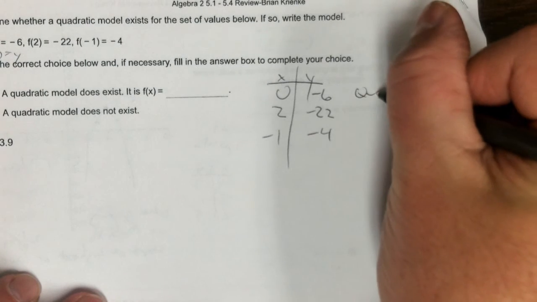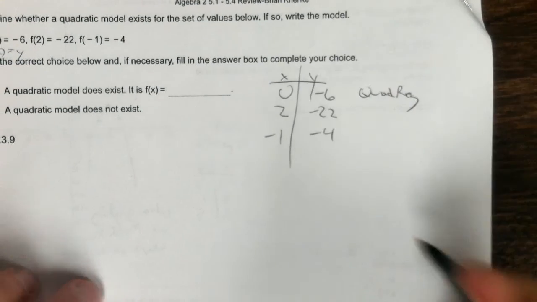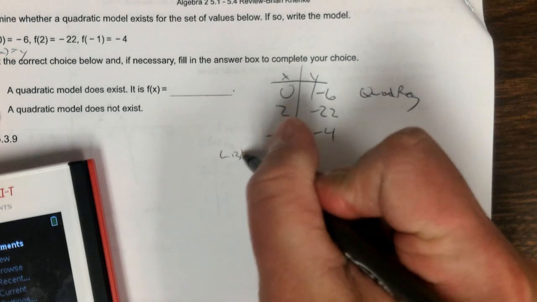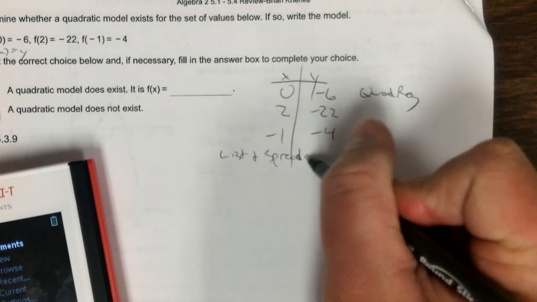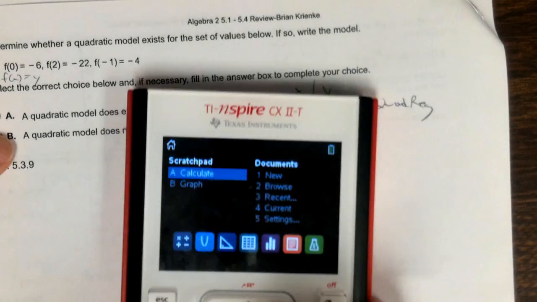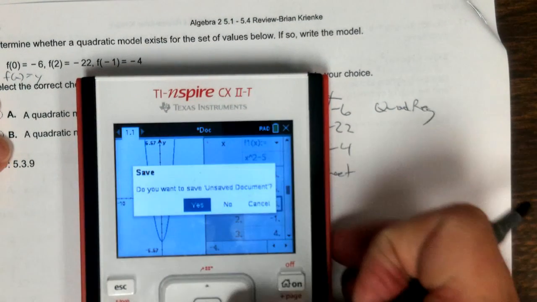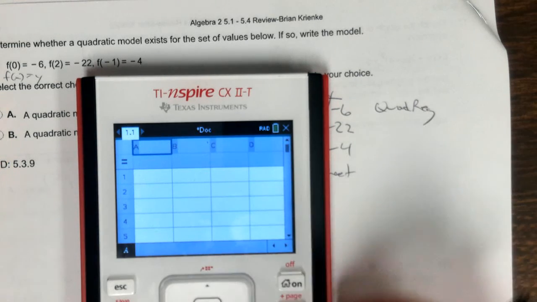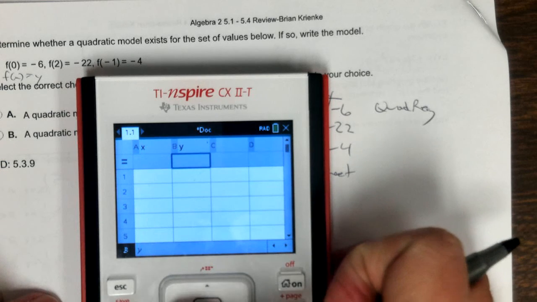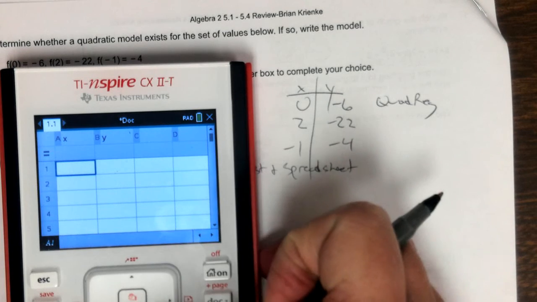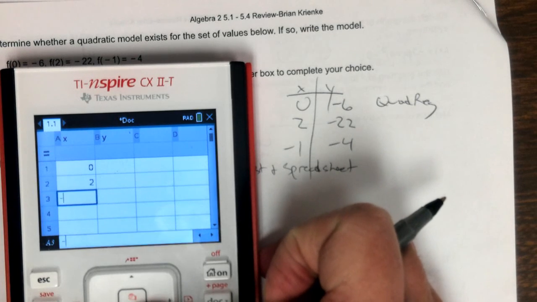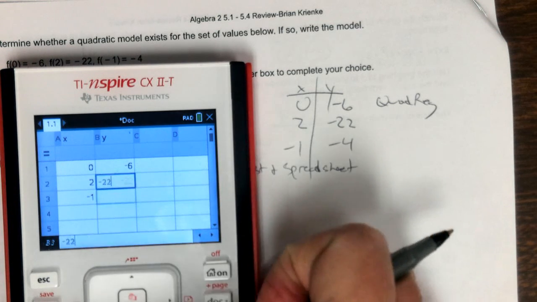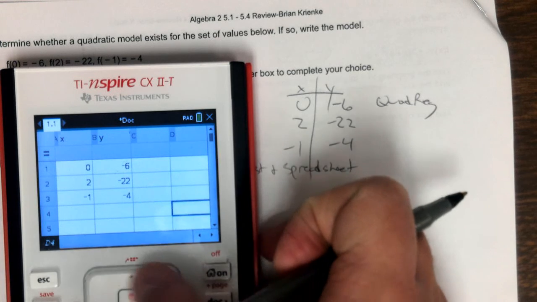So just like we did before, we're doing quadratic regression. So on this you do your lists and spreadsheet. Okay, so new document, lists and spreadsheet, put x here, put y here: 0, 2, negative 1, and negative 6, negative 22, and negative 4.